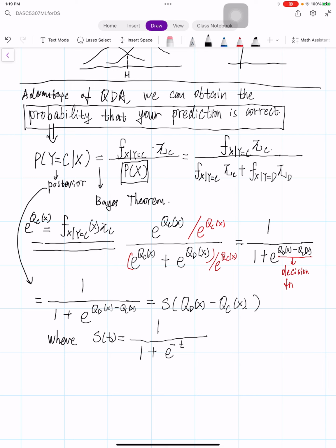This function has a special name called the logistic function. Or in neural networks and deep learning, it is called the sigmoid function.